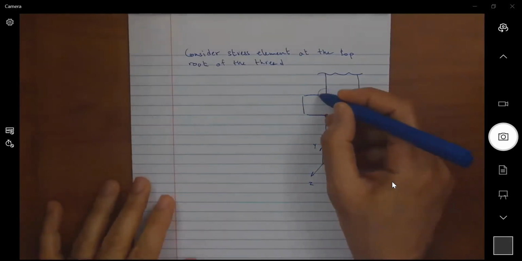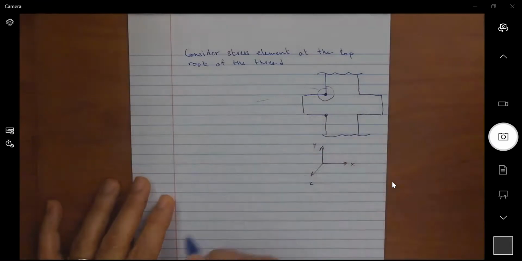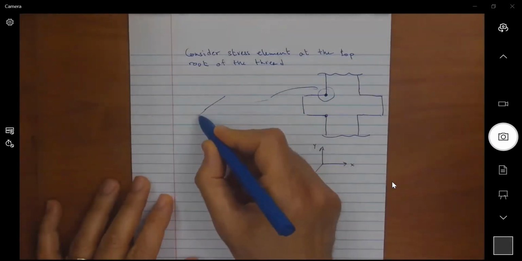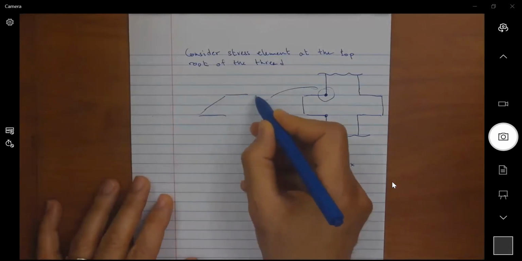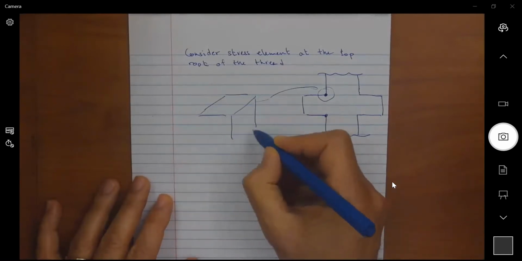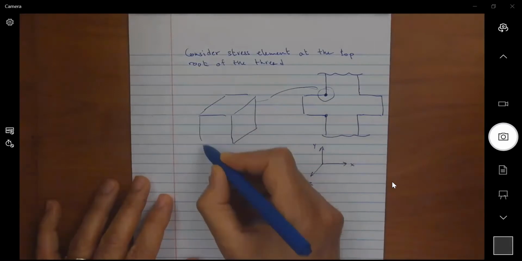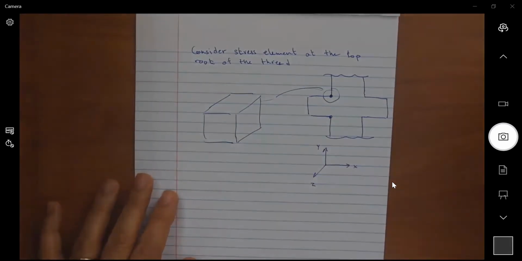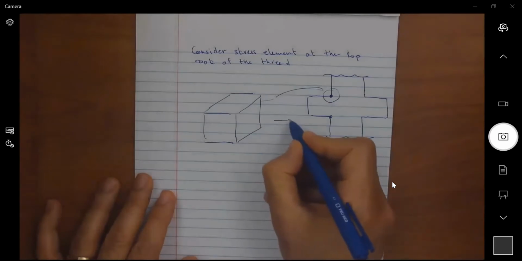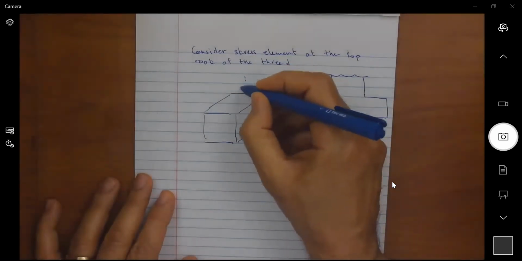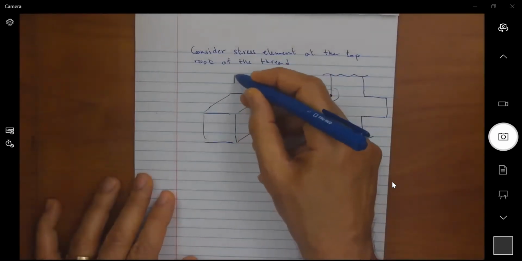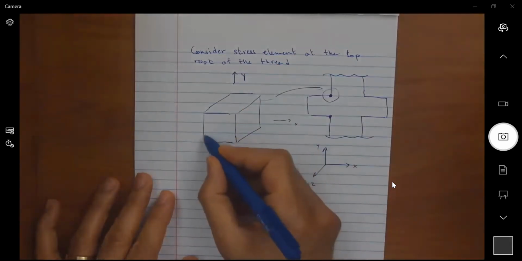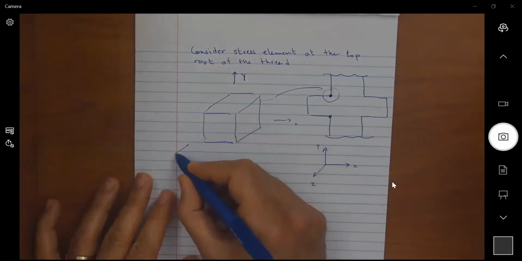So if I zoom on this point and imagine a stress element, this would be my x face, this is my y face, and this is my z face.